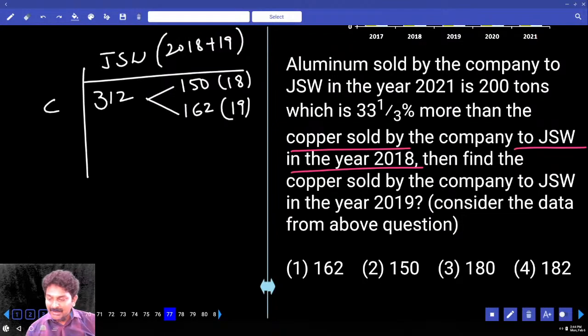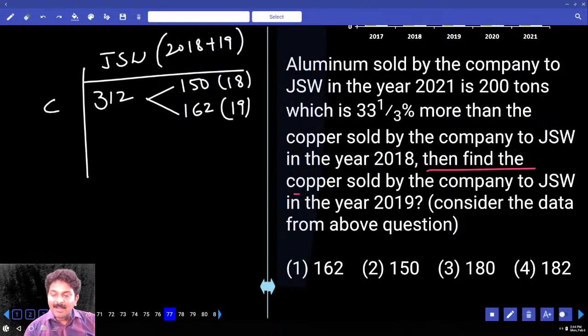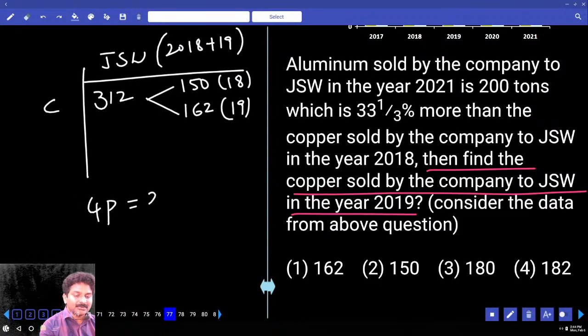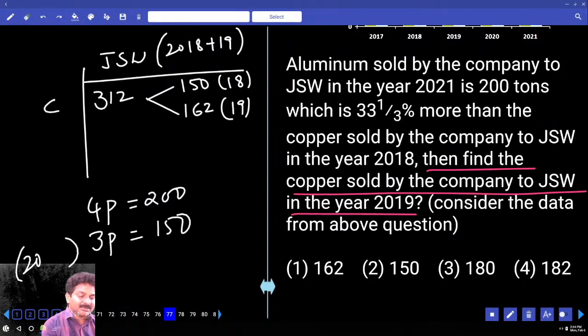Clear? Right. Then the copper sold by the company to JSW in the year 2019 was 162. Earlier I said 4 parts is equal to 200, 3 parts is equal to 150. This is in the year 2018.